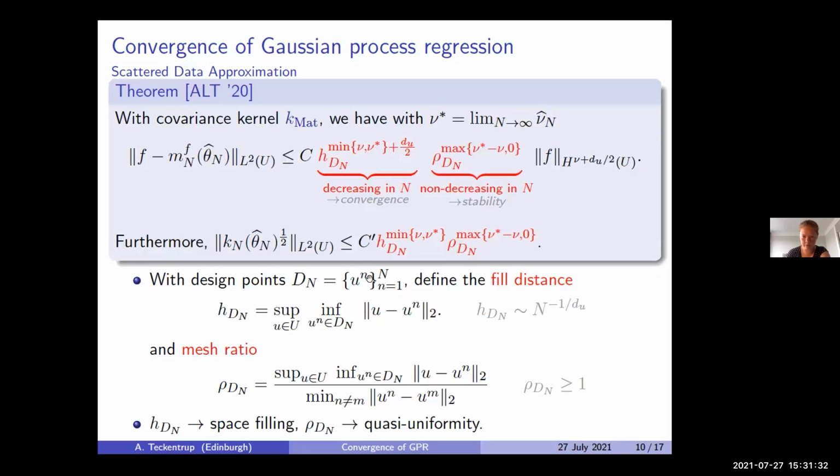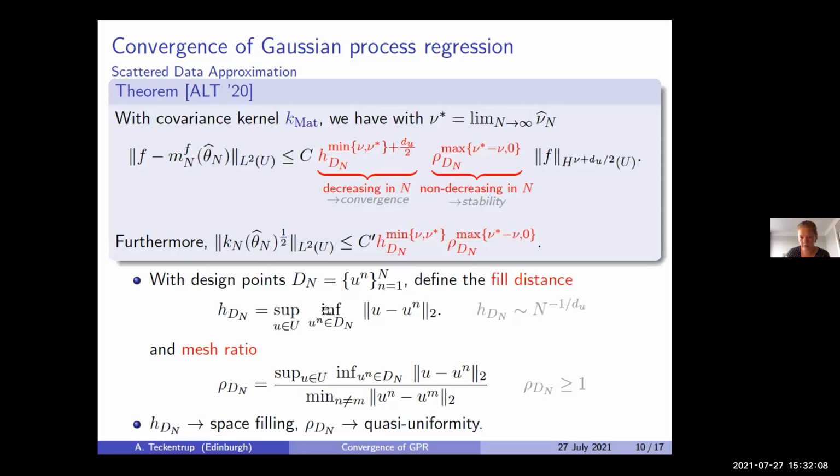If you look at the set of points where you have observed f, which is this set of design points, and then you look at any point in U, and you look at how far it can be away from any of the design points. So it's looking at how far any point in the domain of f can be away from the design points that you've chosen.